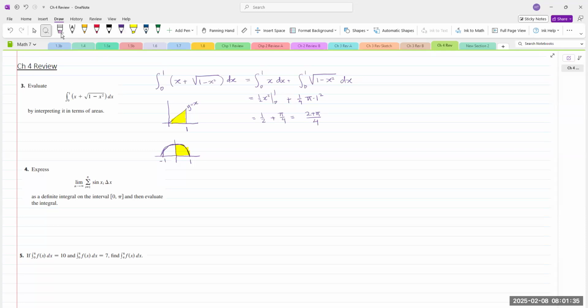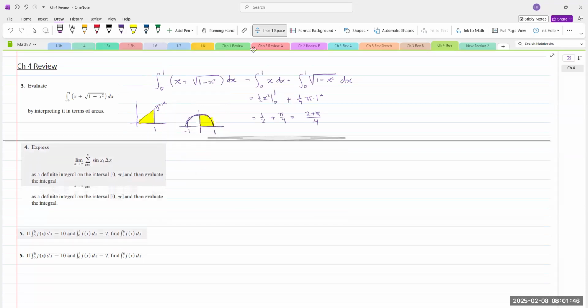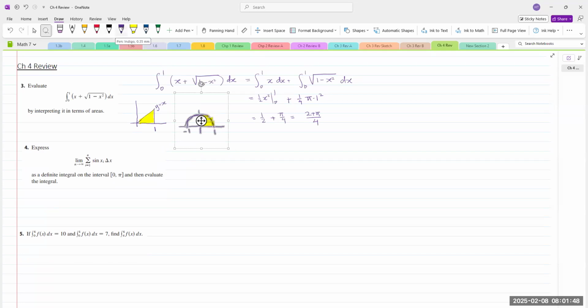Okay, let me move this a bit to the left. Therefore, I can move this up and save some space. Number 4, express this limit of a sum of sine xi delta x as a definite integral. The limit as n goes to infinity of the sum i from 1 to n of sine xi delta x, from 0 to pi.